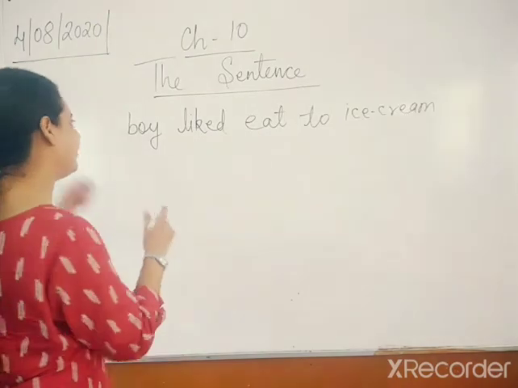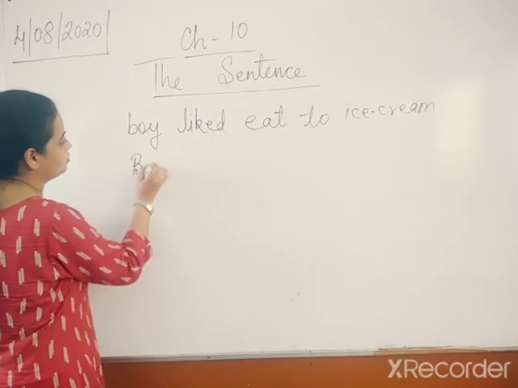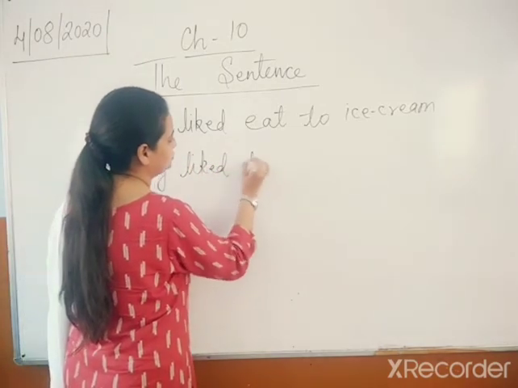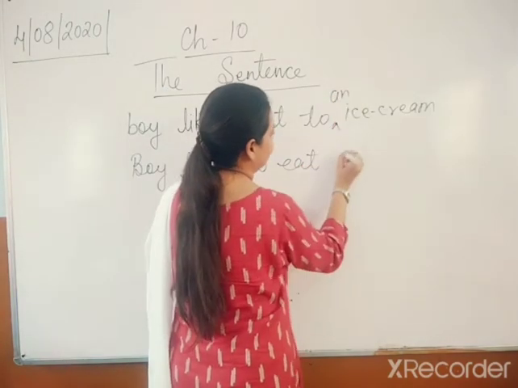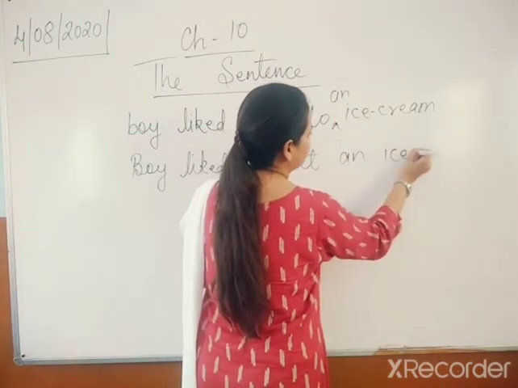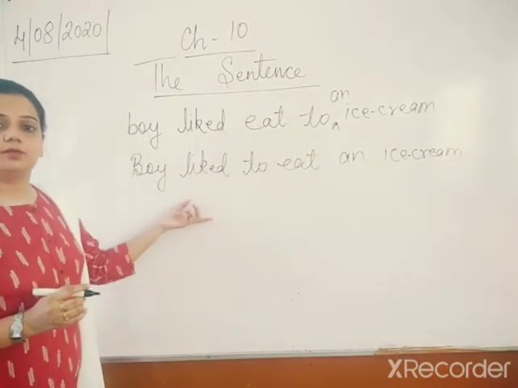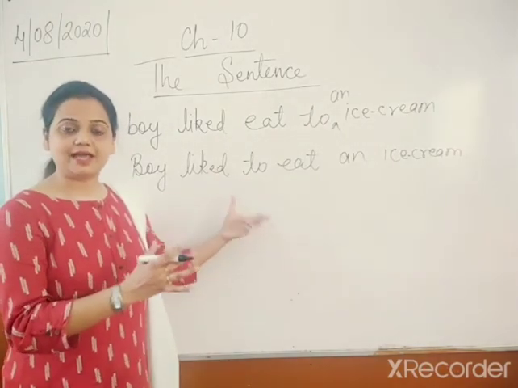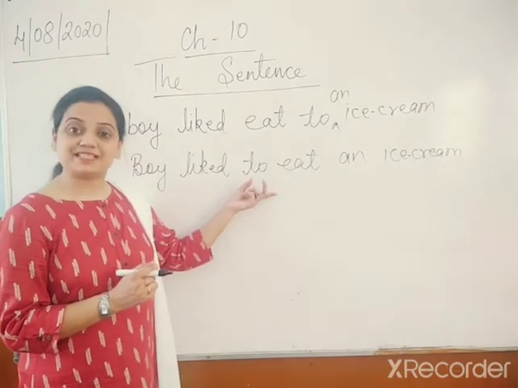But if I write that the boy liked to eat an ice cream, which means there is a boy who liked to eat an ice cream, this makes a sense, right?